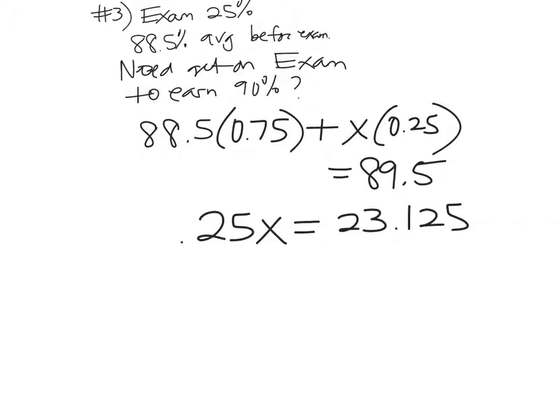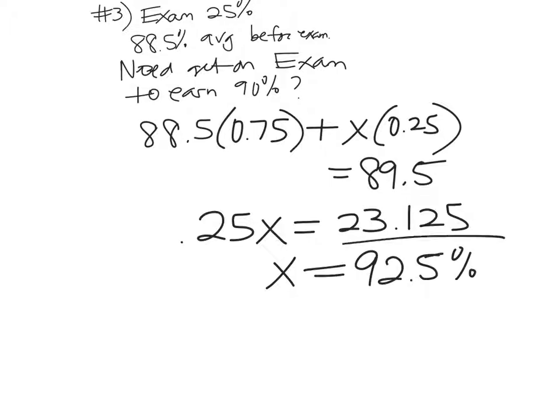So I multiplied those together, subtracted it to the other side, divide by 0.25. Whoa. So little Marty's going to need to get a 92.5% on his final exam. Or her. Marty's a girl name too. Okay, woo, that's a good one.